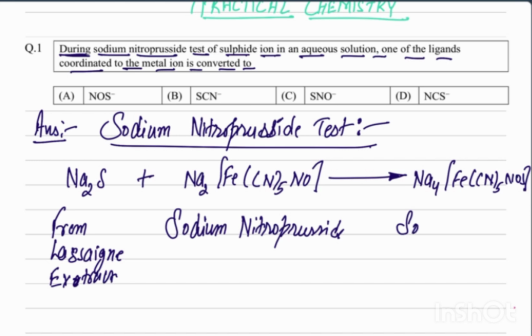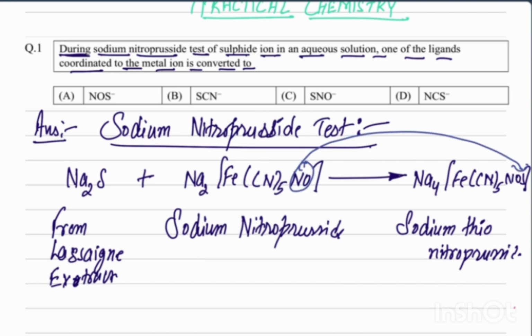And this is known as sodium thionitroprusside. So if you see here, this NO ligand is converted to NOS.